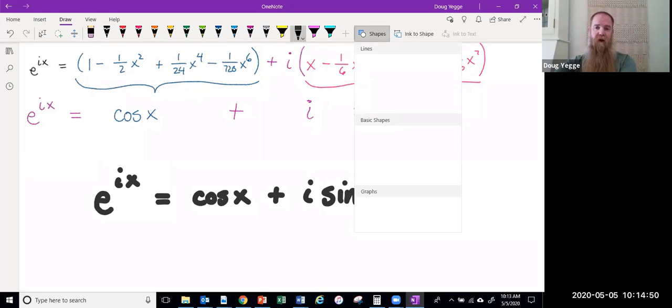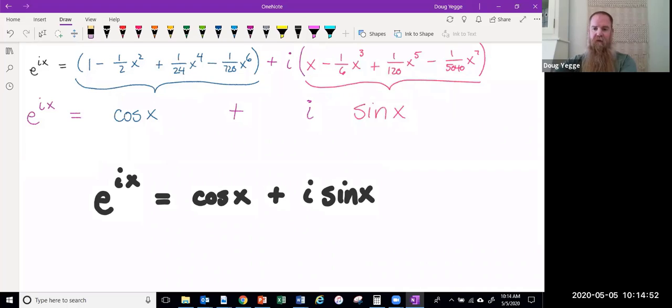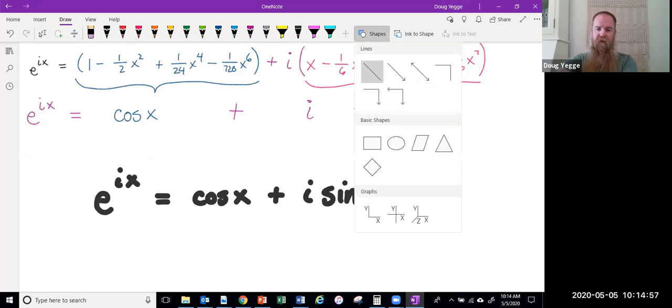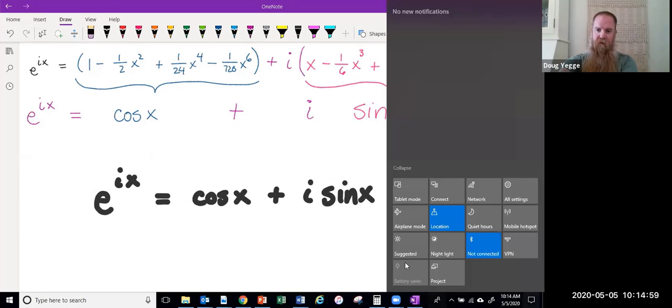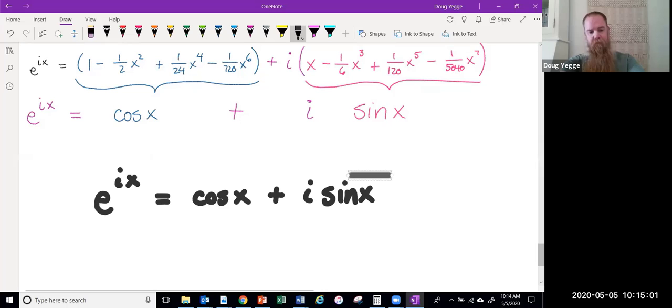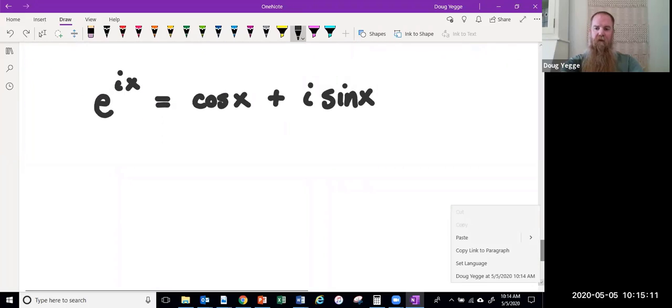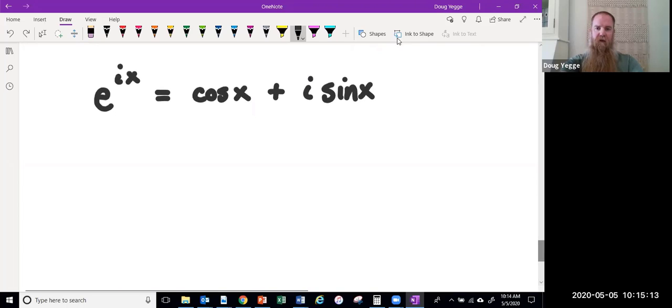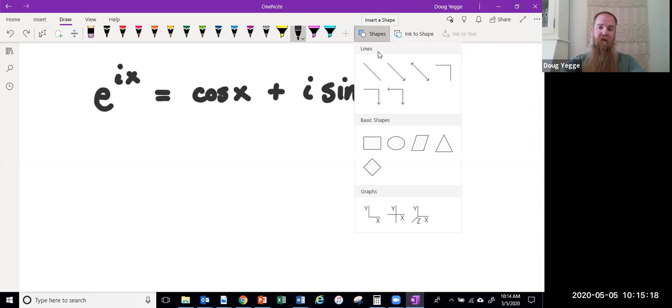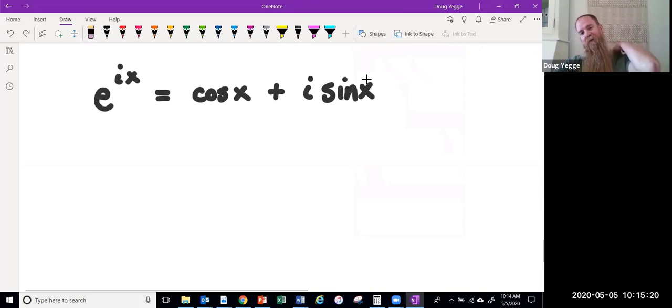So if I were to draw this, then essentially what this is saying is that x is representing an angle, right? If I were to draw this on a graph, remember that x represents an angle. So Euler's formula is showing us the relationship between trigonometry and exponentials. But not only that, it shows a really cool relationship about the imaginary plane as well.